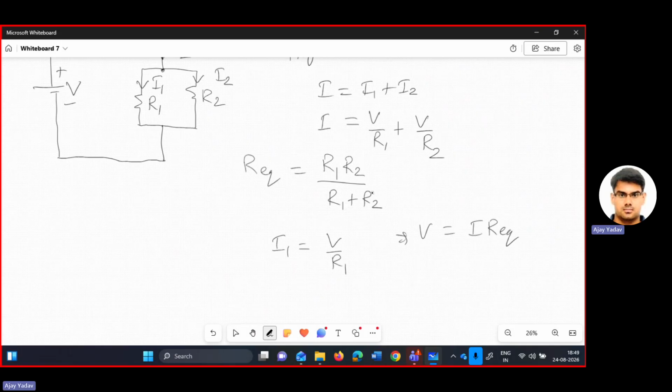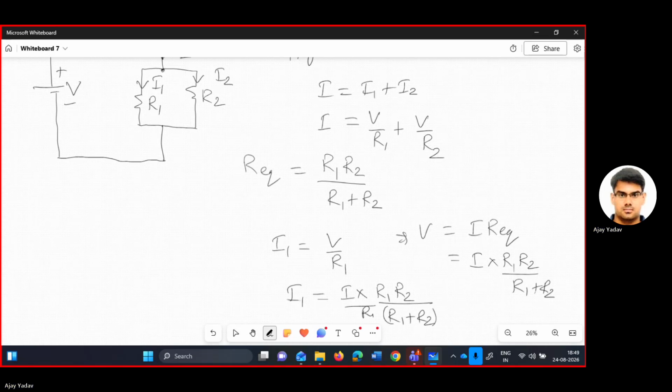So you can put the value of R equivalent here: I into R1 R2 divided by R1 plus R2. So here I1 will be I into R1 R2 divided by R1 plus R2, and this will be divided by R1. So this will cancel out, and I1 is I into R2 divided by R1 plus R2.